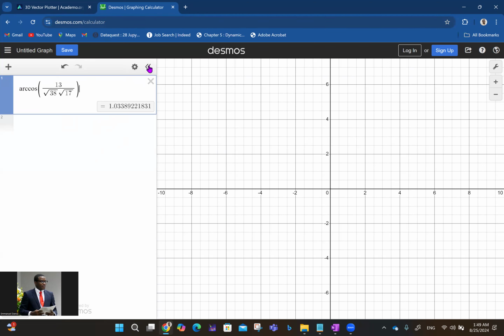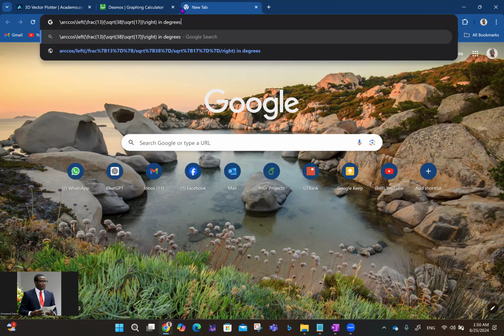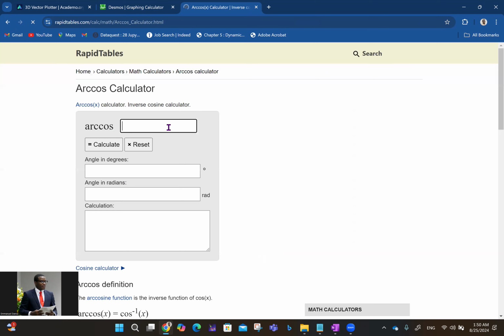Let me see another thing. Let me just take it to Google. So this now in degrees. If you have a calculator, we won't have to go through all this trouble. Can I just paste this here?